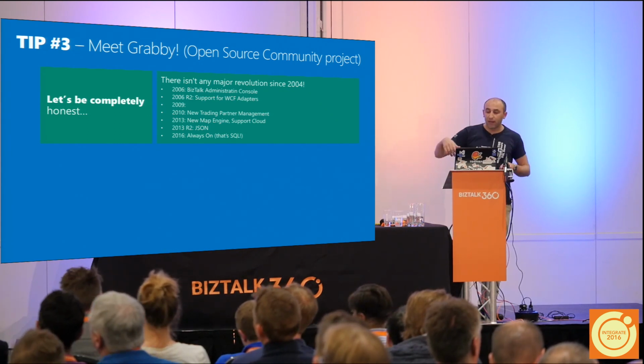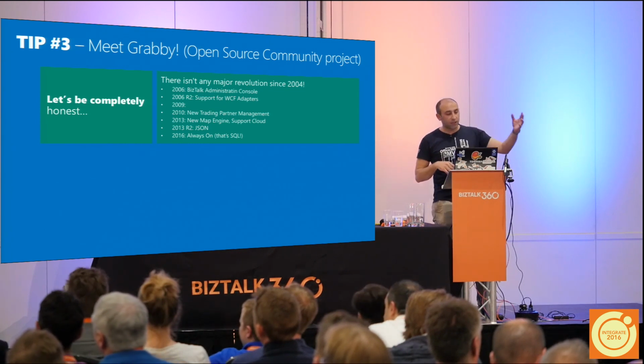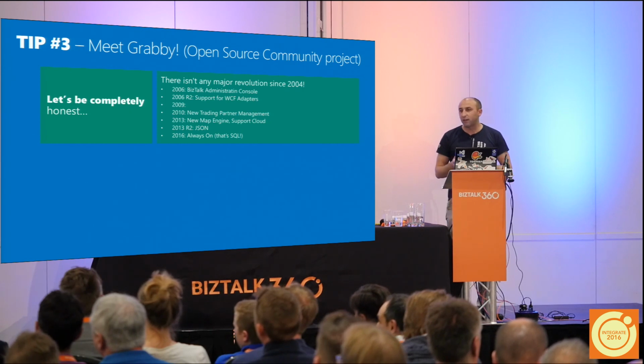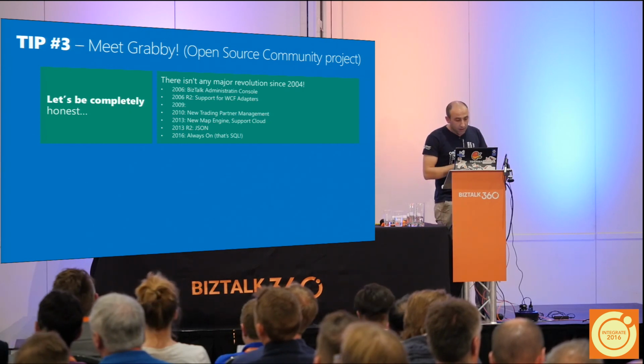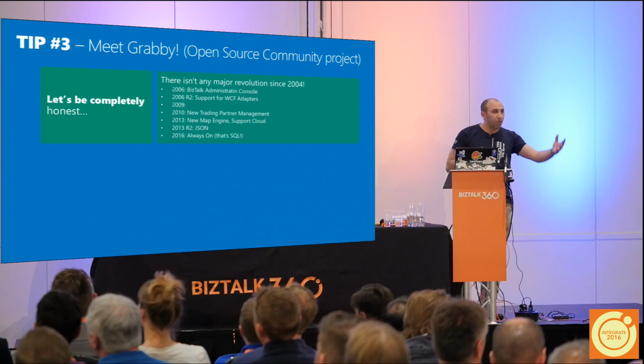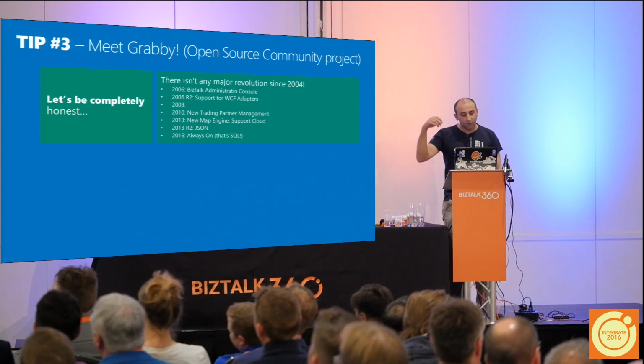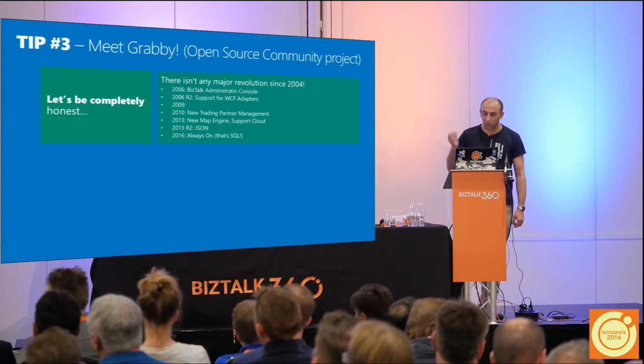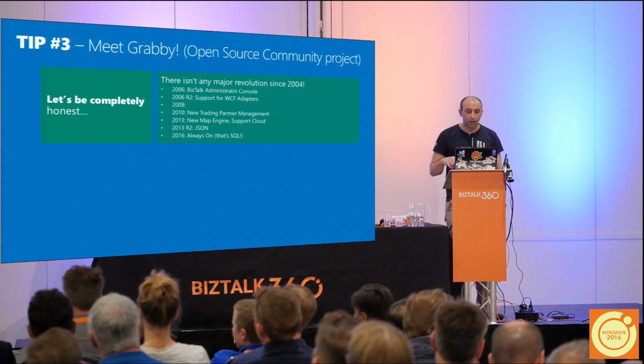Yeah, in 2006 we had the admin console, in 2006 R2 you have the WCF, 2009, and to be honest I don't remember. In 2010 we had the trading partner management. 2013 the new engine, okay, it was good, better performance.